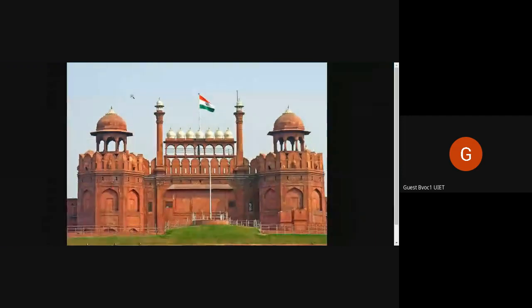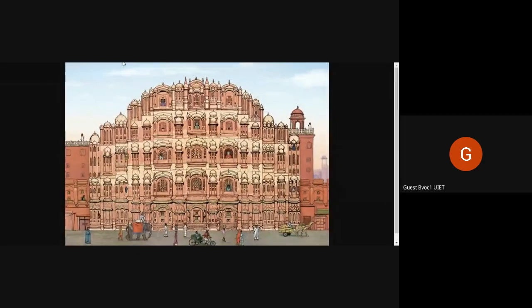Can you identify this building? Ma'am, Red Fort. Exactly. It is called Red Fort because it looks red. And why does it look red? Because it is entirely made out of sandstone. Then you have this building.